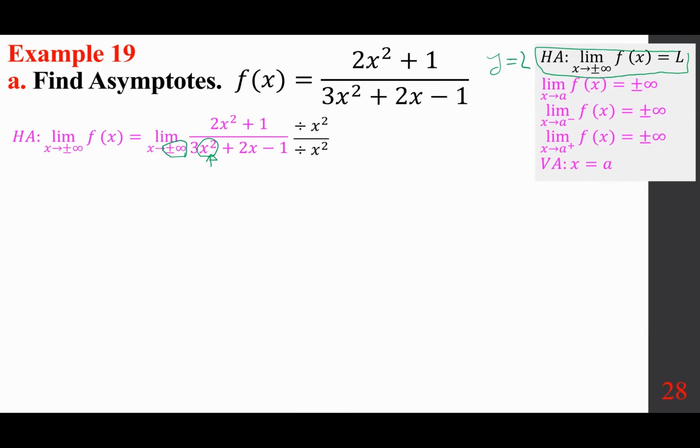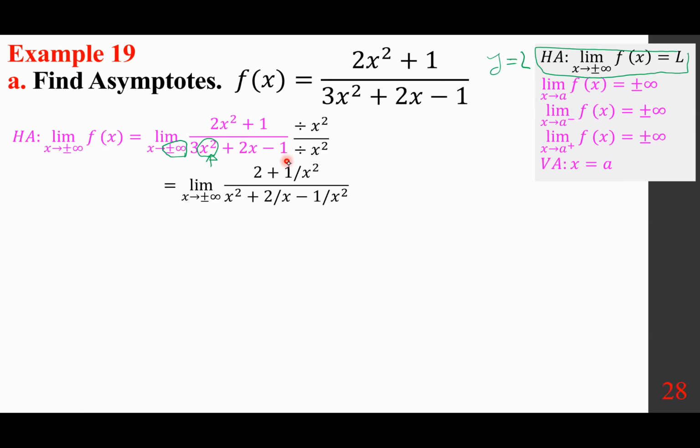When we do that, we get 2 here, 3 here, this is 1 over x squared, this is plus 2 over x, this is minus 1 over x squared.